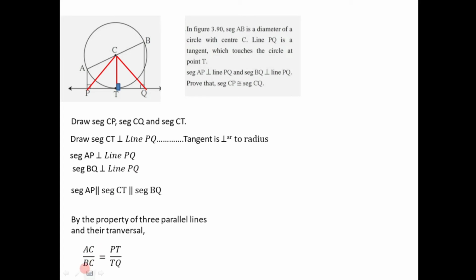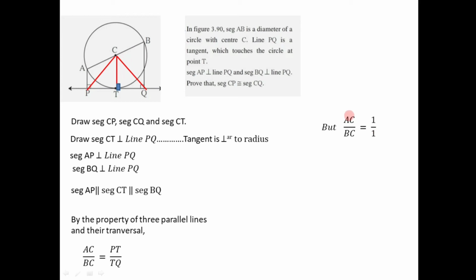Now consider AC divided by BC. This ratio is 1 divided by 1 because AC and BC are the radii of the same circle, and we know that radii of the same circle are congruent. That's why AC is congruent to BC, that means the ratio is 1:1, that is 1 divided by 1.